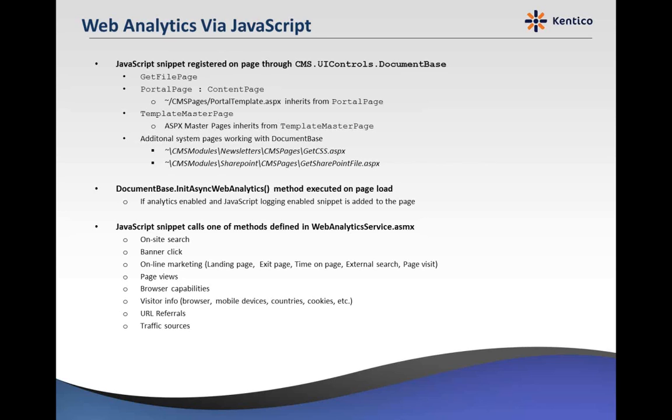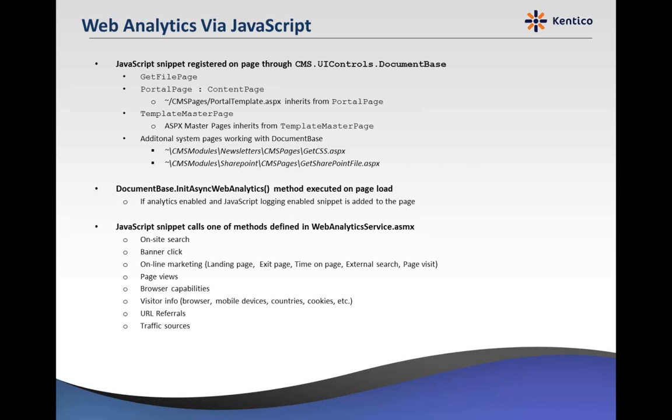The thing is that when you're using JavaScript logging, there is one more request involved in logging. Instead of logging the event as soon as the request is made to the server, when I request the home page, the request hits Kentico, Kentico finds that page and sends the response back to the client, and at that time the event is not logged yet.